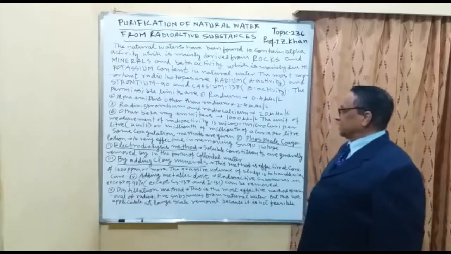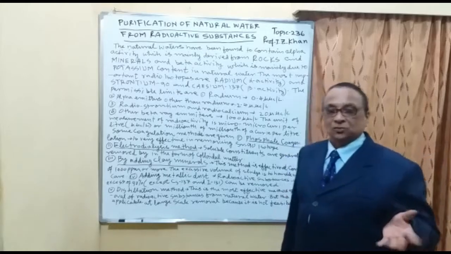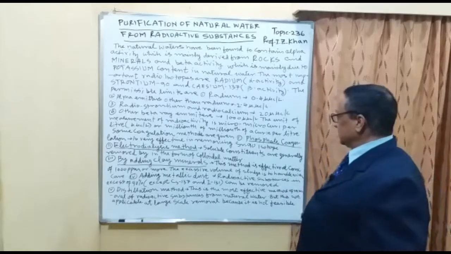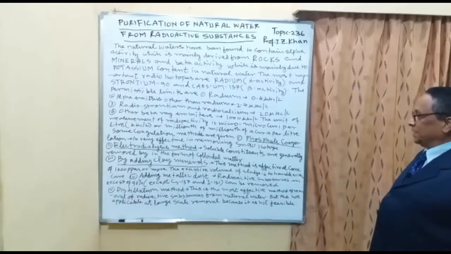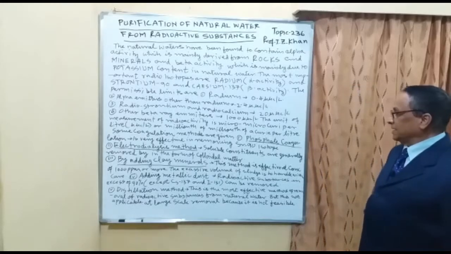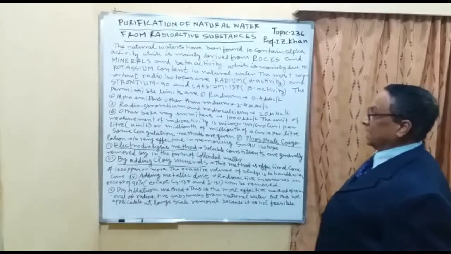Some coagulation methods are given here that are widely used to remove radioactive substances. One is phosphate coagulation, which is very effective in removing strontium 90 isotopes from natural water. Number 2 is the electrodialysis method.